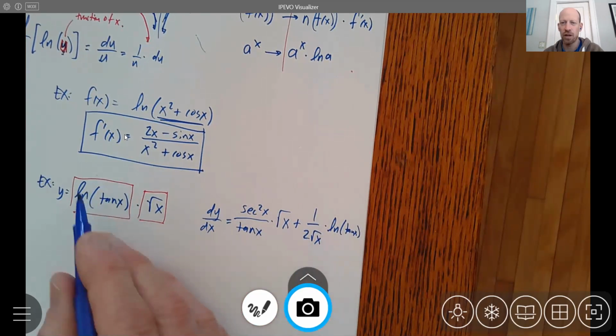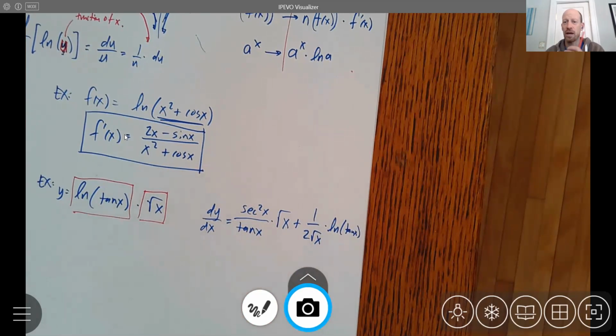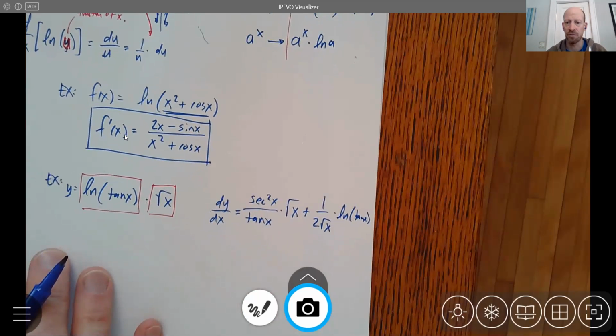So this natural log function can be multiplied and divided and added, all those other combinations. We need to mix it in with our other rules. Okay, any questions about either of those two examples?